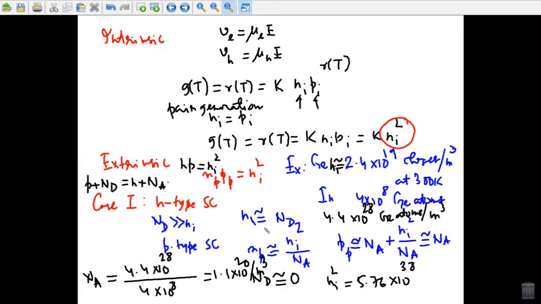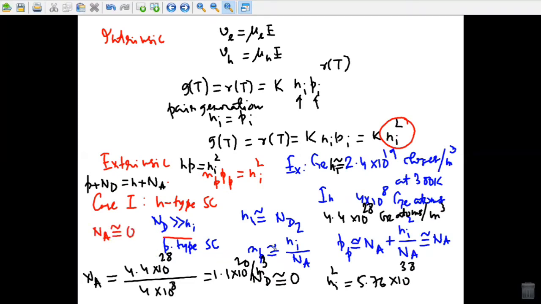So case 1, N type. In this case, Nd is far greater than Ni, and Na is nearly equal to 0.